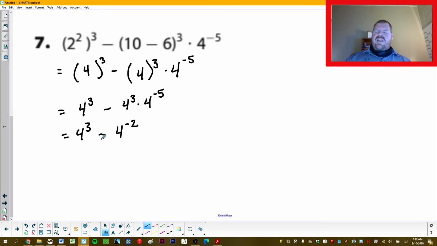Okay, and now I'm kind of stuck because of the subtraction, in that I should probably figure out what these are. I do have them on the first page. You could go back and see what those were. 4 to the third power is 64, and 4 to the negative second power is 1 over 16.